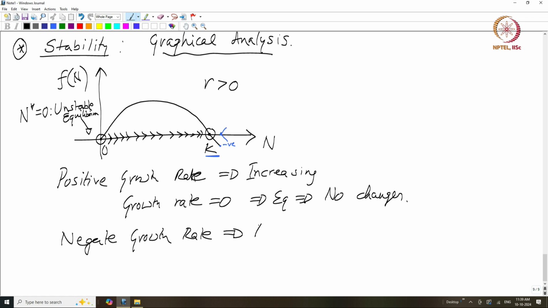That means negative growth rate means the population actually is going to decrease. So, at this point the population will decrease and it will come here and it remains negative.